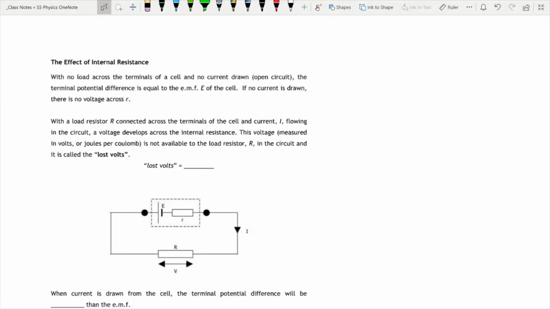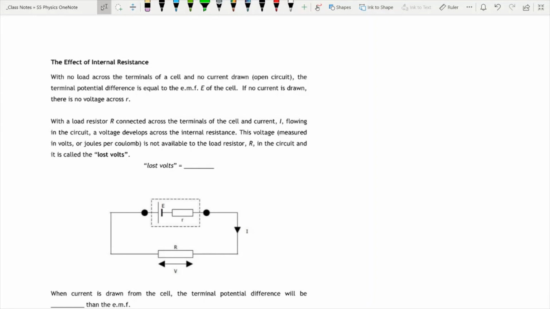But if you add a load resistor R into the circuit, connected across the terminals of the cell, there's a current flowing. So that means the EMF, capital E, will be bigger than what actually comes out of the cell itself. With a load resistor R connected across the terminals of the cell and current I flowing in the circuit, a voltage develops across the internal resistance.